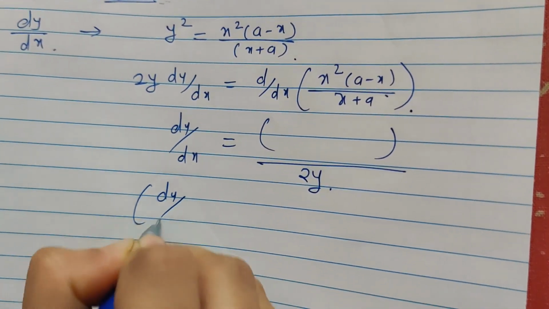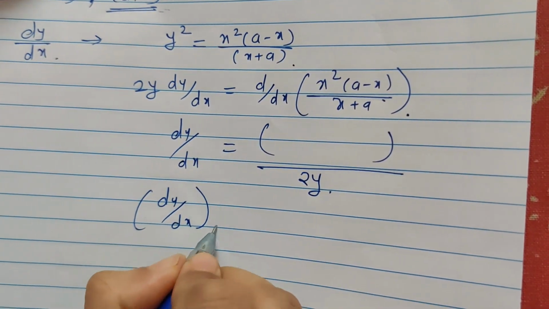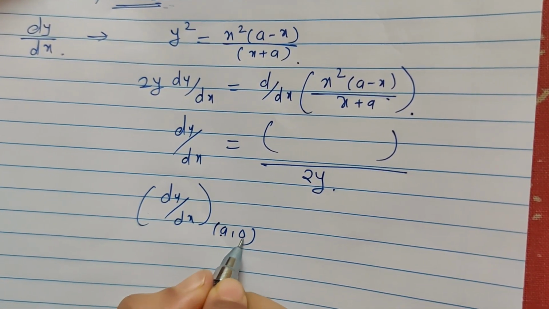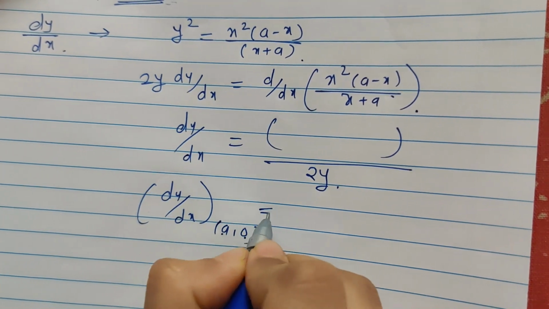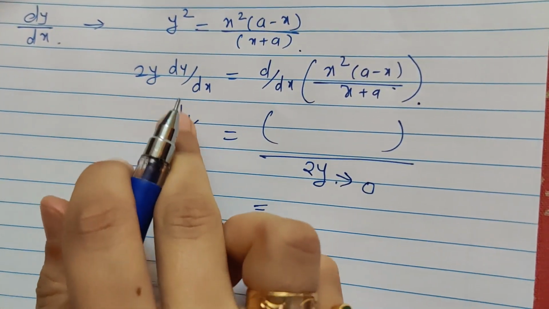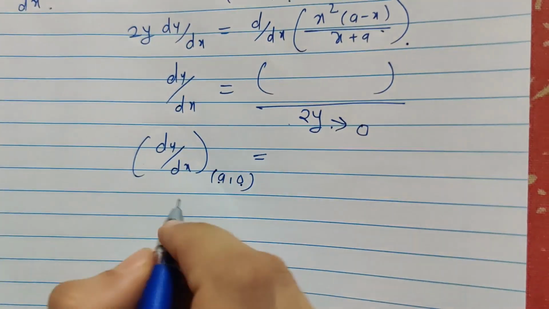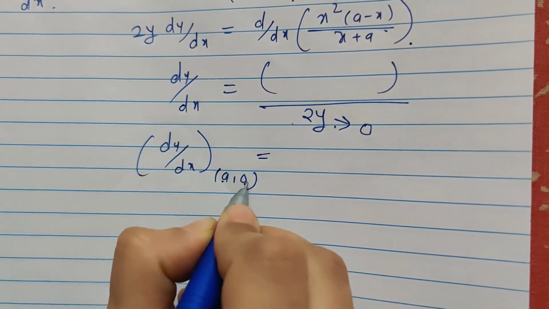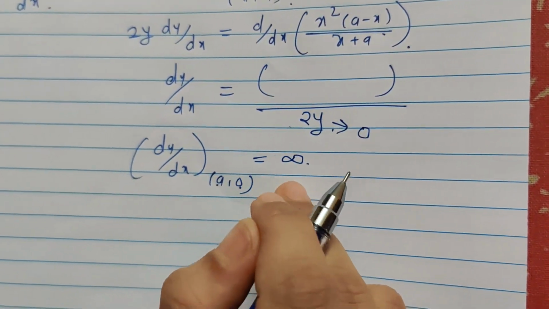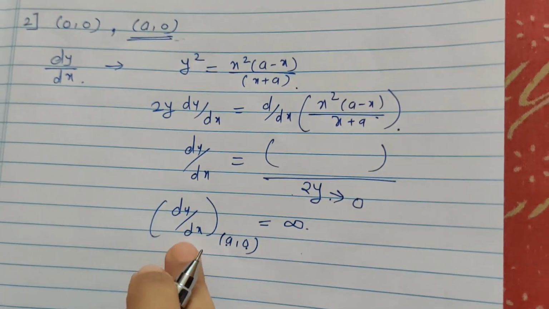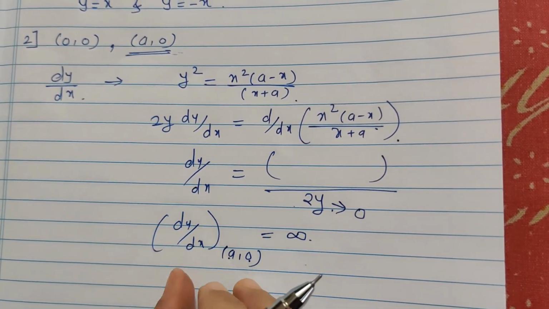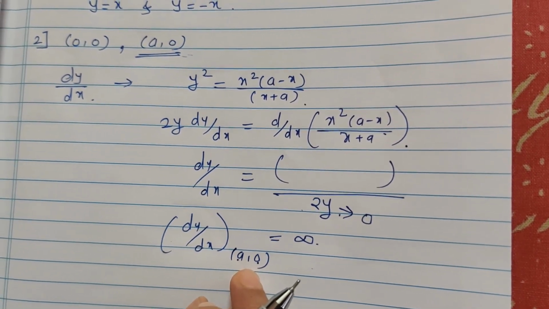Now dy by dx at the point a, 0, that means we have to substitute x is equal to a and y is equal to 0. So in the denominator, when we substitute y is equal to 0, this dy by dx value becomes infinity. So dy by dx at a comma 0 is equal to infinity, and as per the rule, if dy by dx at some point is equal to infinity, then the tangent at this point is parallel to the y-axis.